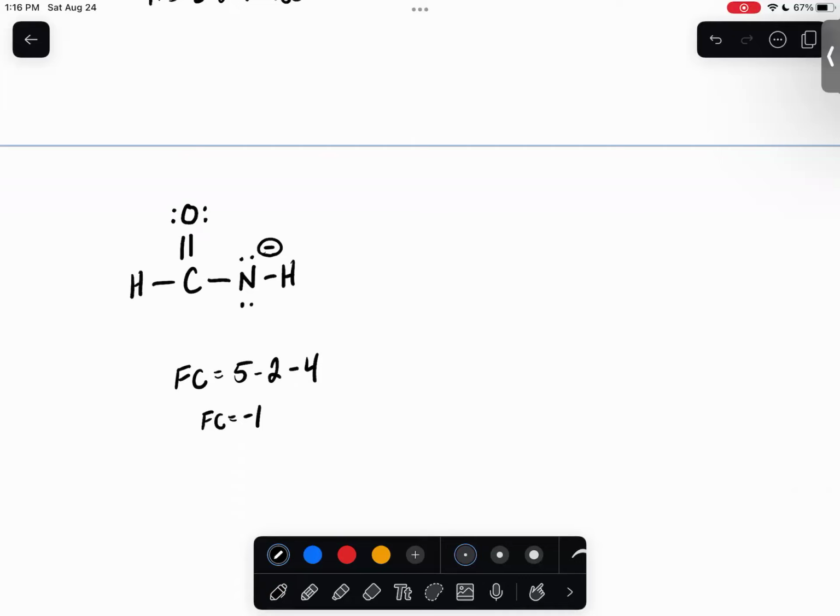So essentially, these electrons that are on this nitrogen can move to form a double bond beside this carbon. So essentially, what we're seeing is the lone pair here, which is LP, is becoming a double bond.